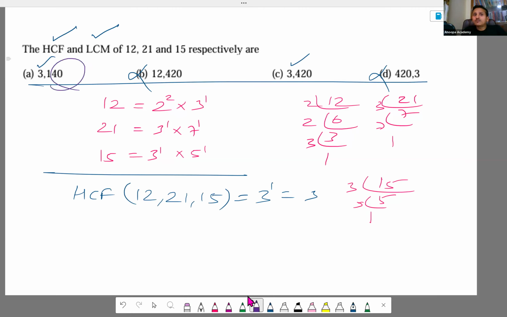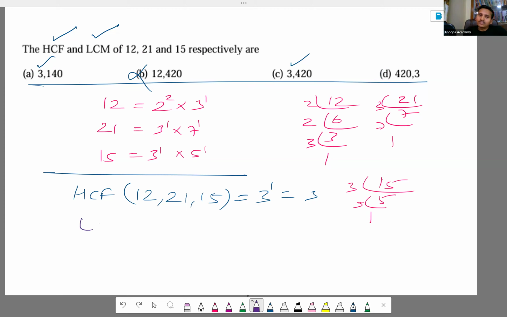Can 140 be divisible by 50? No, right? Even if you take 12, can 12 divide 140? No, right? So this will also be ruled out. Like this also you can do. If you know the concept, by concept wise also you can do.